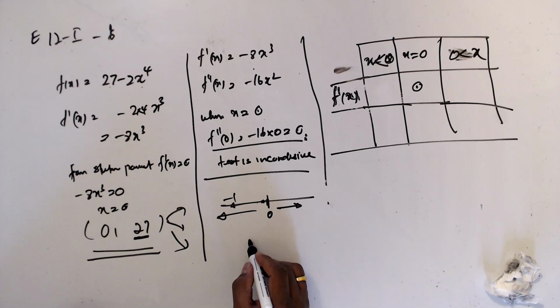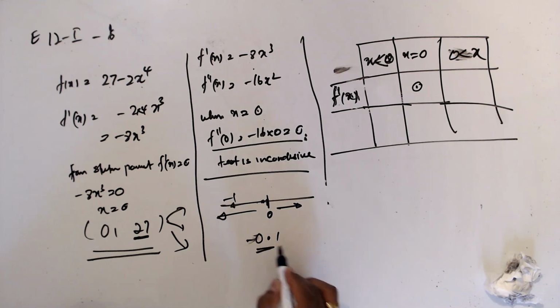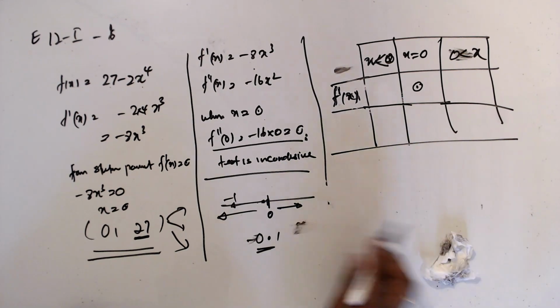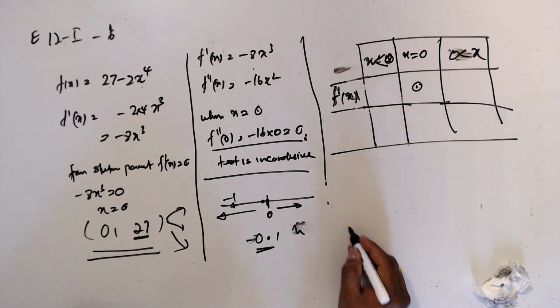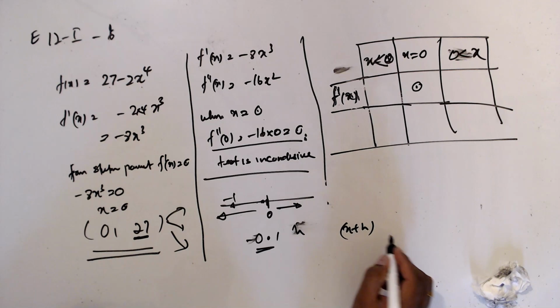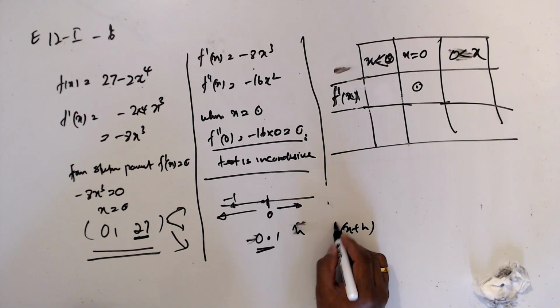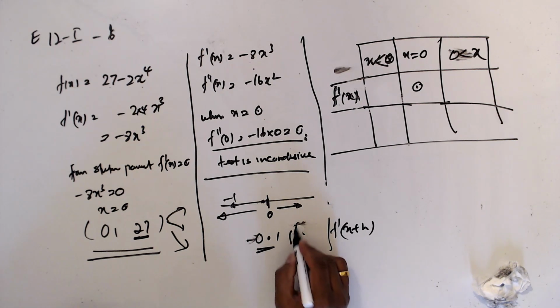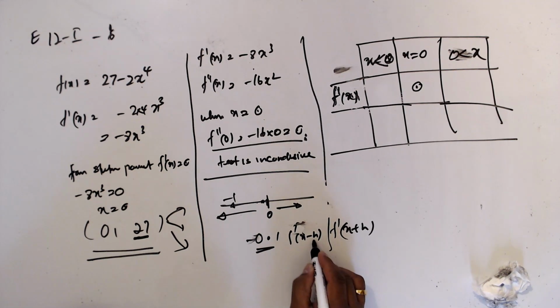So basically minus 0.1. We want to go delta x, delta h, x plus h, f dash x plus h and f dash x minus h. This h is a very small distance.